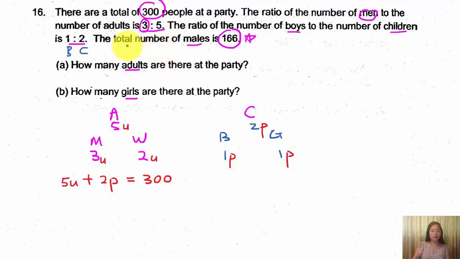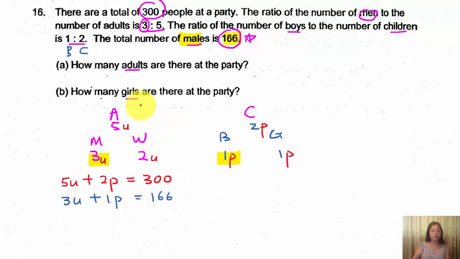And since the total number of male is actually 166, let's find the male, which is here and here. So we can see that 3u plus 1 part is equal to 166.